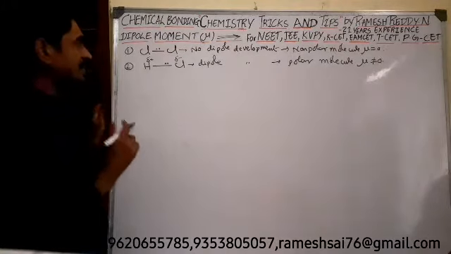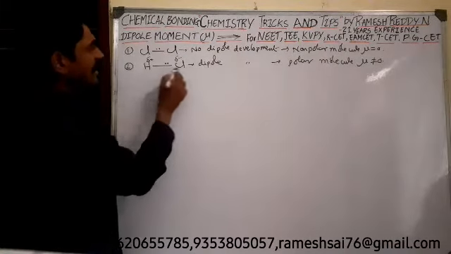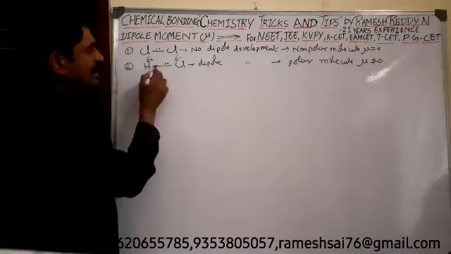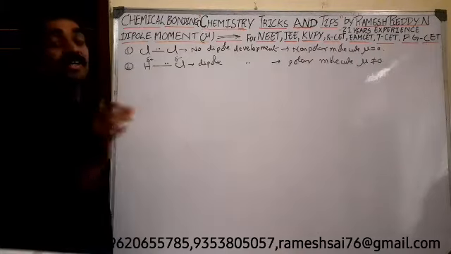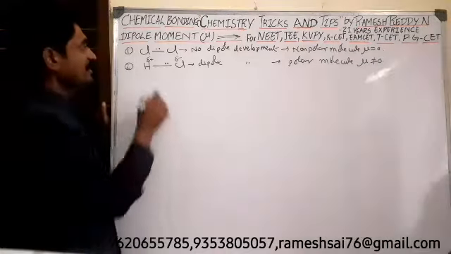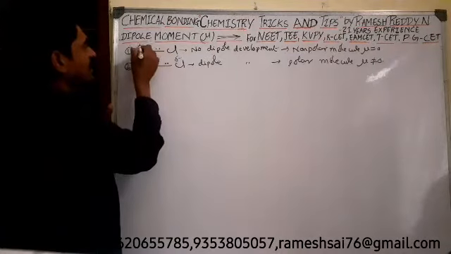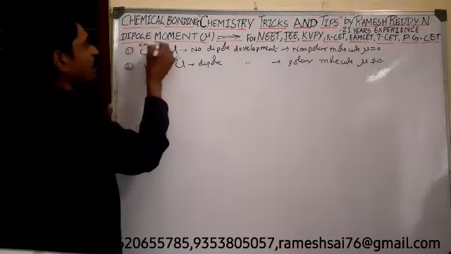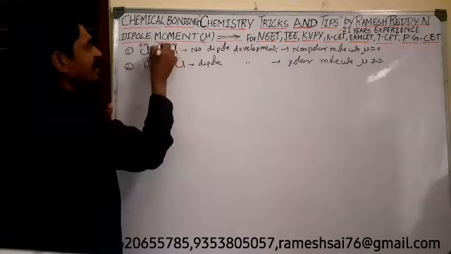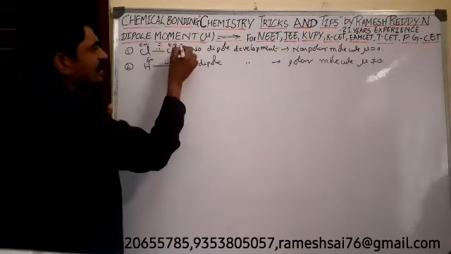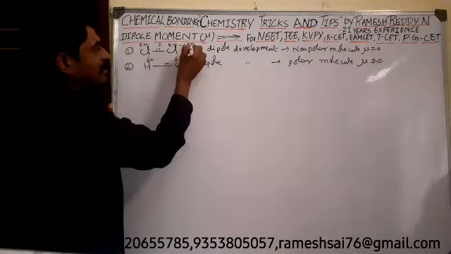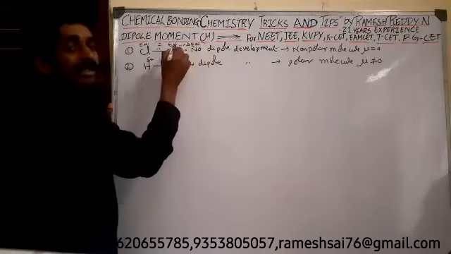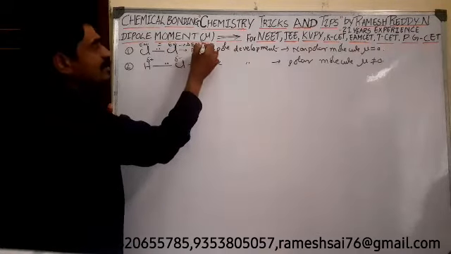So what do we get here? This dipole is developed because of electronegativity difference. In the case of two chlorine atoms, the electronegativity of both chlorines is equal. So here the delta EN, the electronegativity difference, is 0.